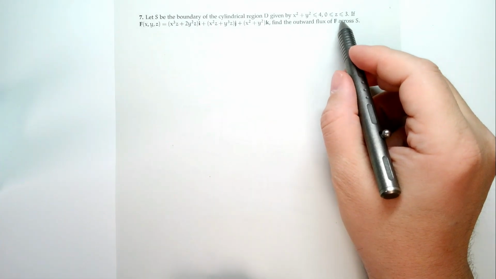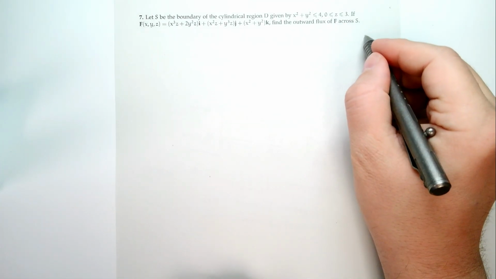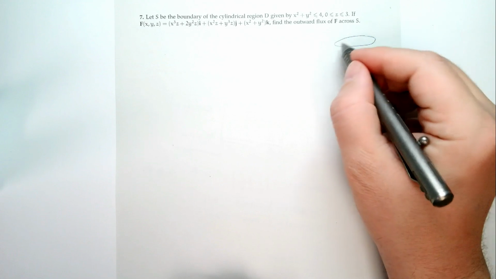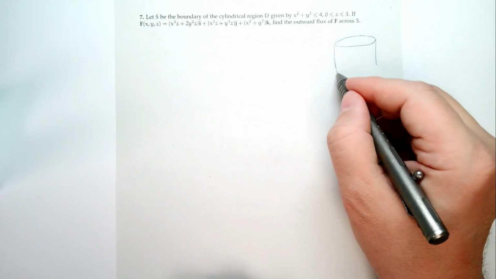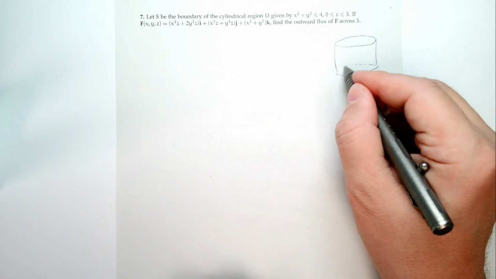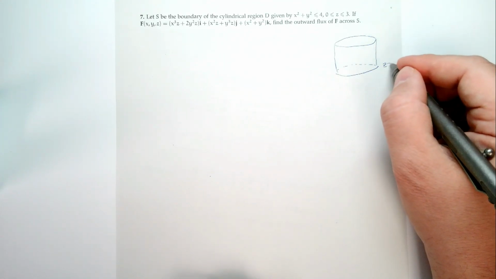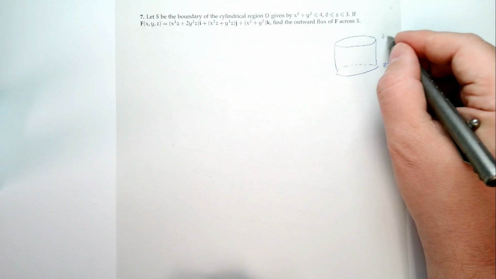Number 7, let S be the boundary of the cylindrical region D given by x squared plus y squared less than or equal to 4 and 0 less than or equal to z less than or equal to 3. So what we have is a cylinder that has some shape, something more or less like this. So here we have z equals 0 up to z equals 3.